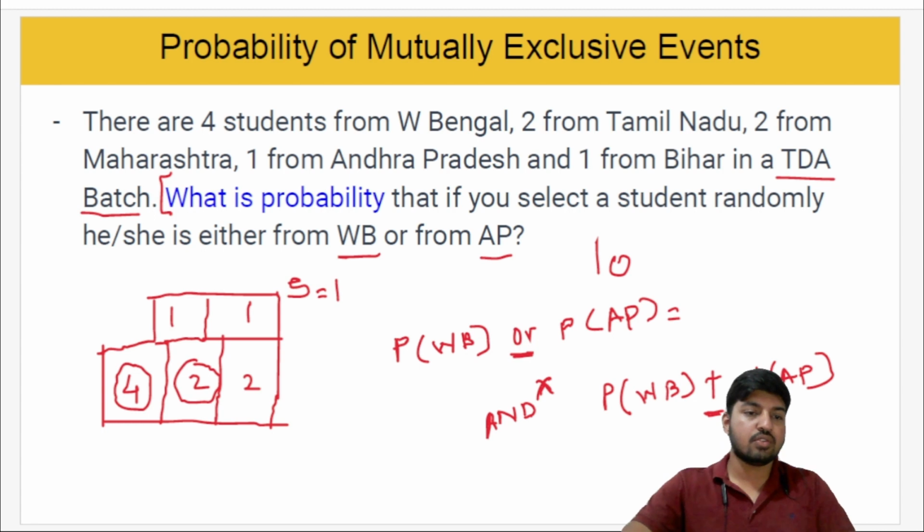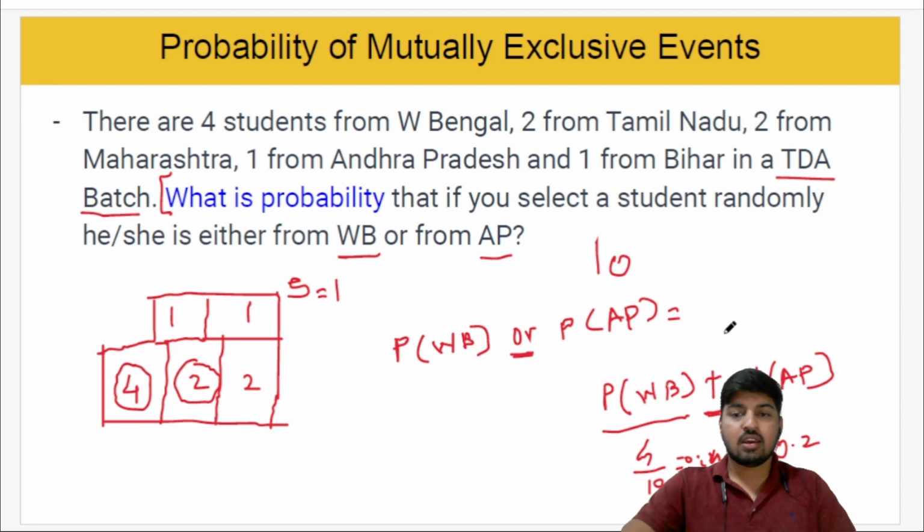So if you get confused, if it is saying "or" in your problem statement, that means you can do the addition. What is the probability of West Bengal? So it is 4 by 10, which is 0.4, plus what is the probability of AP?